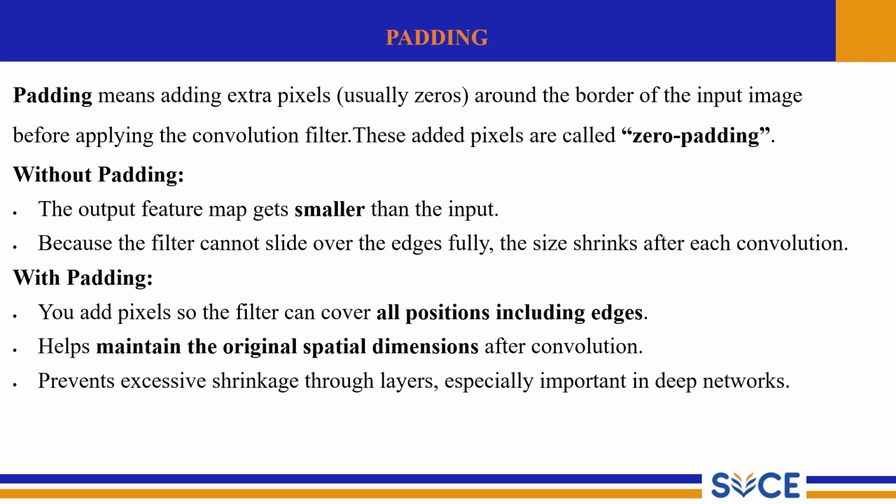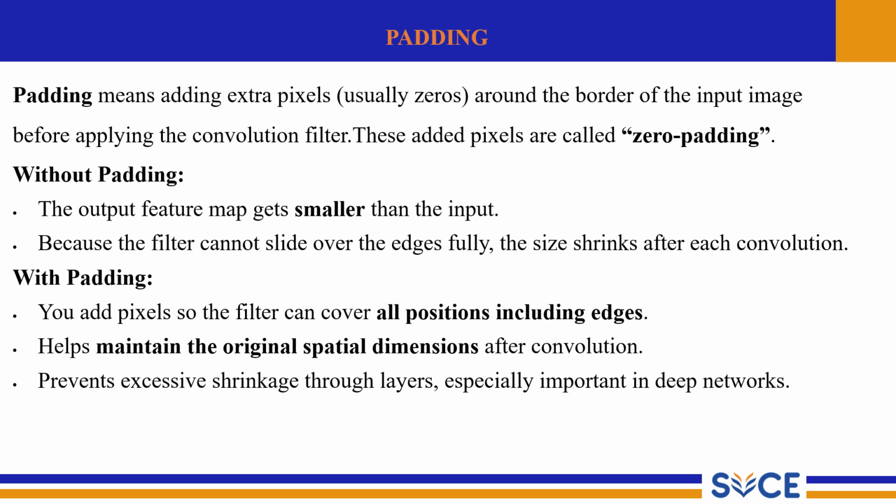Now, let's see what happens with padding. When padding is applied, extra pixels are added around the image borders. This allows the convolutional filter to slide over every possible position, including the edges and corners. As a result, the spatial size of the output can be maintained or controlled, often kept the same as the input.